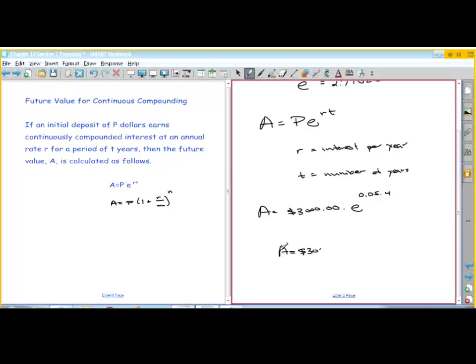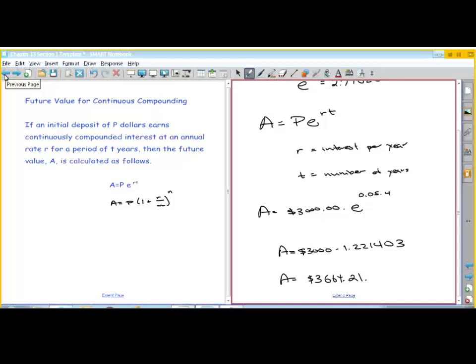So that is 3,000 times this, and if you have the exponential on your calculator, e to the 0.05 times 4, which is 0.2. e to the 0.2 power is 1.221403. And if I multiply that out times 3,000, I'll get $3,664.21.